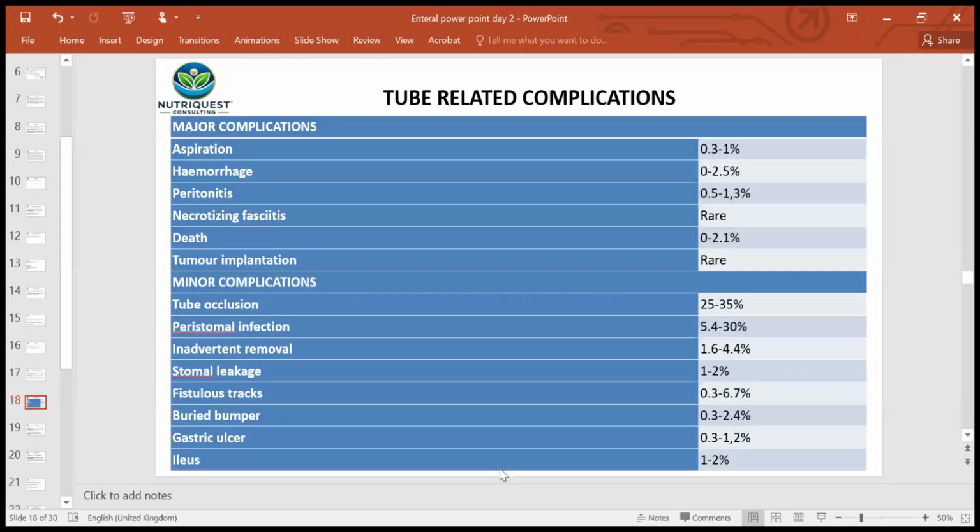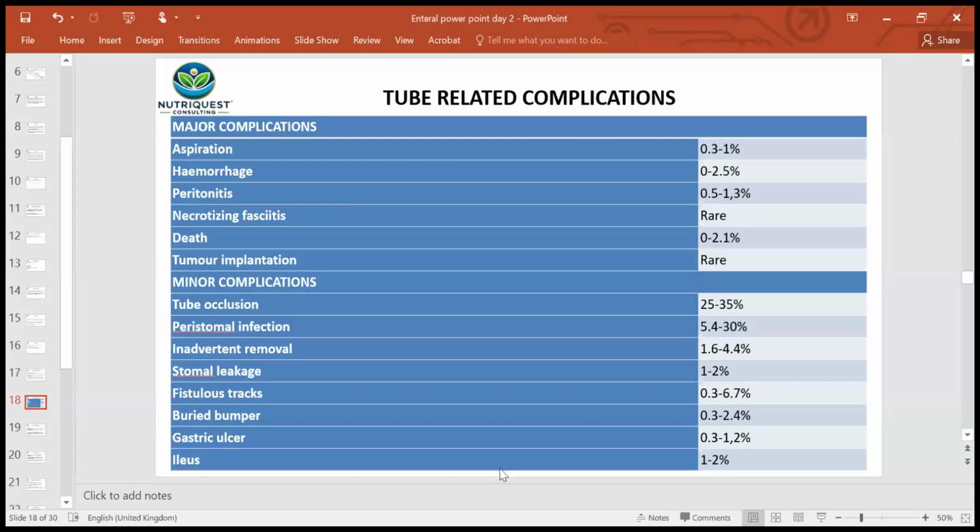Now, several studies have been done to check tube-related complications, the major complications that we have. Aspiration could be one, in around 0.3 to 1% of cases. Hemorrhage, that is bleeding, has 0 to 2.5% chance. Peritonitis, 0.5 to 1.3%.